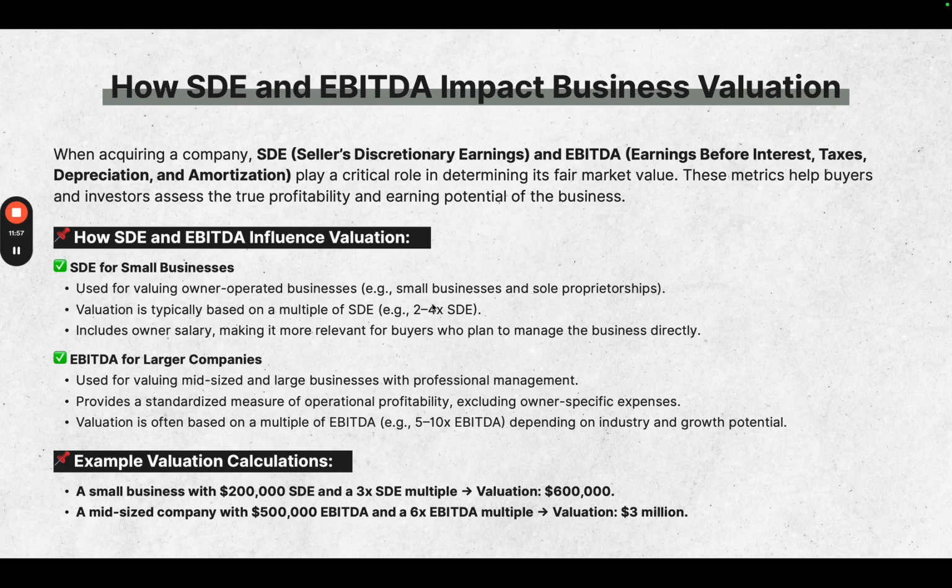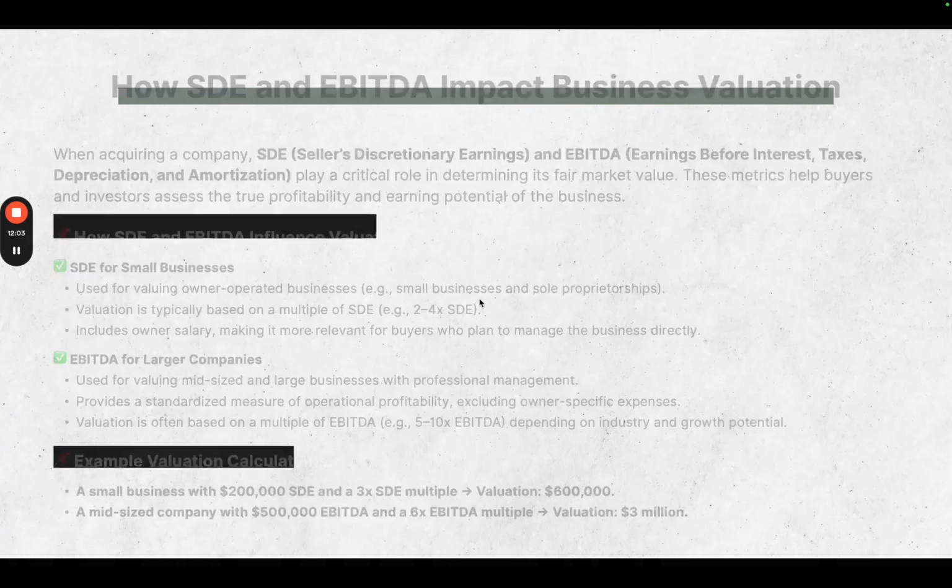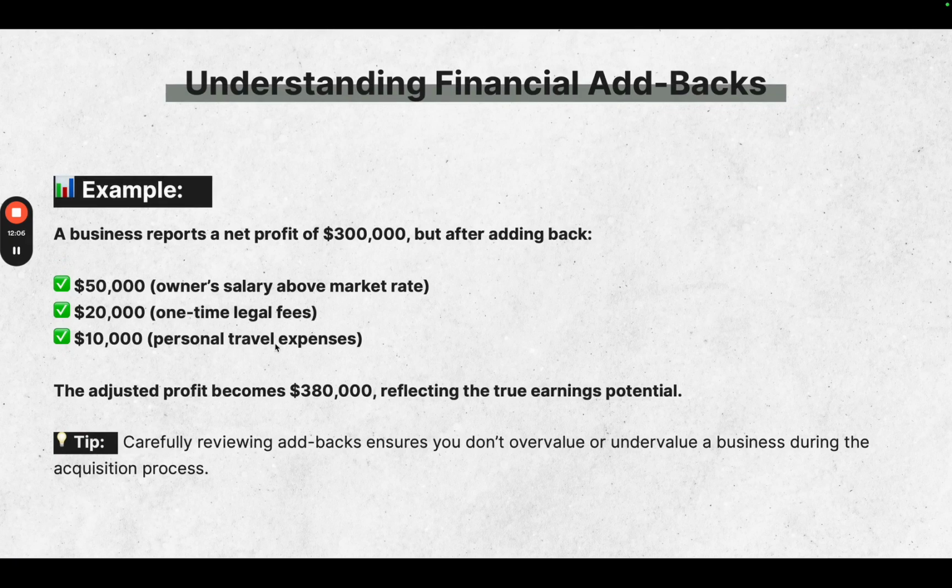Now, every dollar that the seller is able to convince you is an add back, right? Going back to the prior example, let's say this wasn't actually a personal travel expense. Maybe they're trying to treat it like a trip to Disneyland, but when they go, the seller is actually visiting some customers and clients, and that's a normal part of their business where that customer wants to see them once a year.